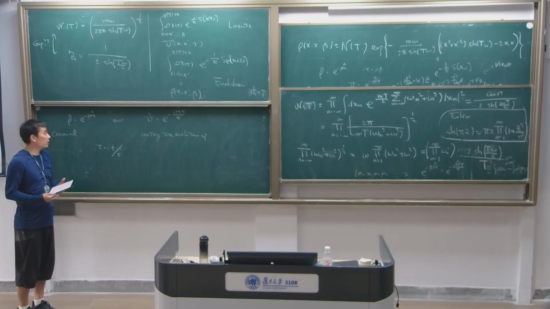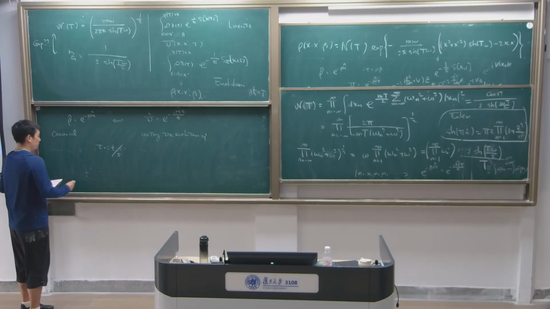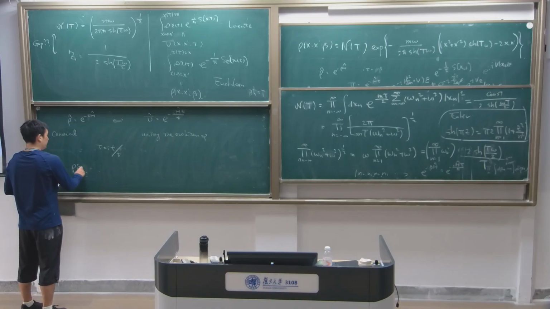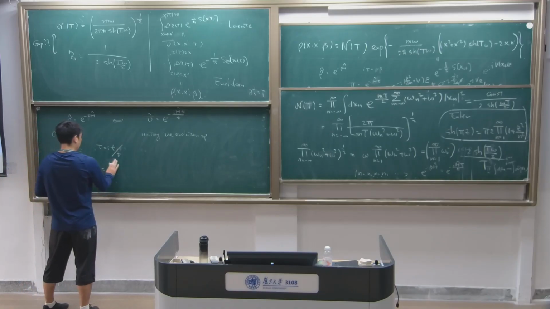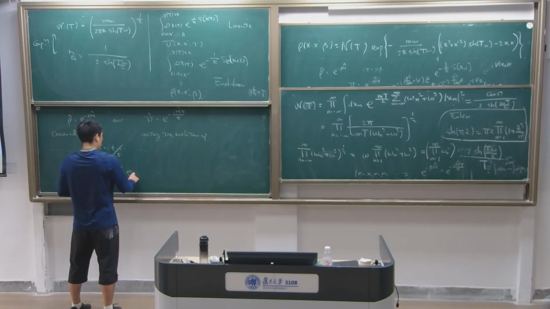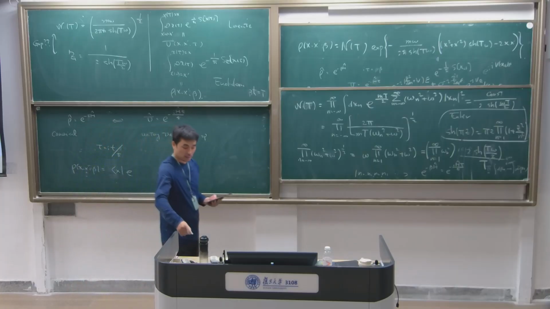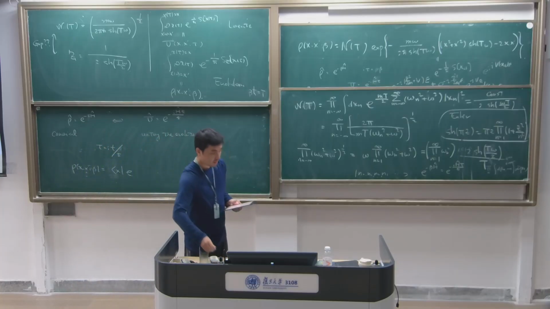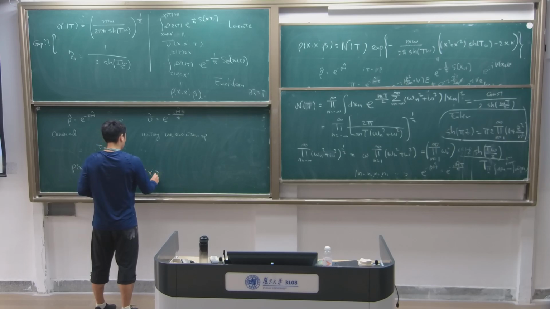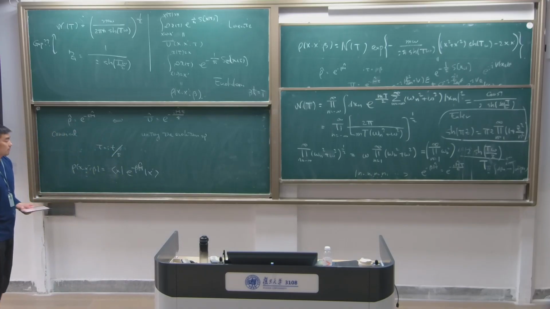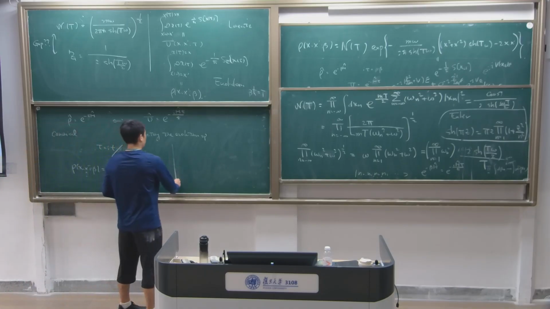In particular, if you consider rho of x, x prime, what you get is essentially x, e to the minus beta h hat, x prime.